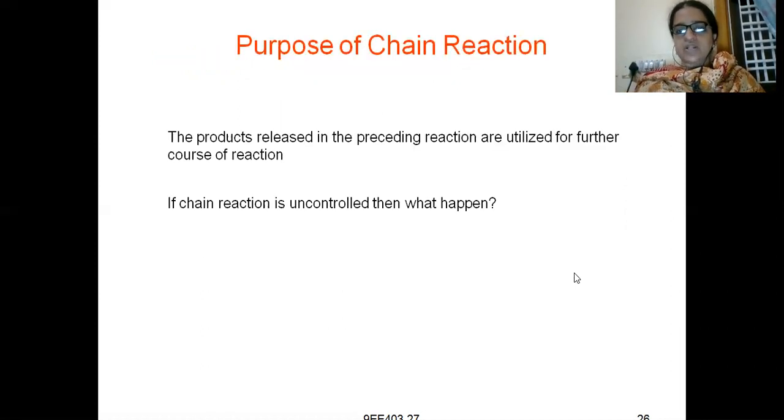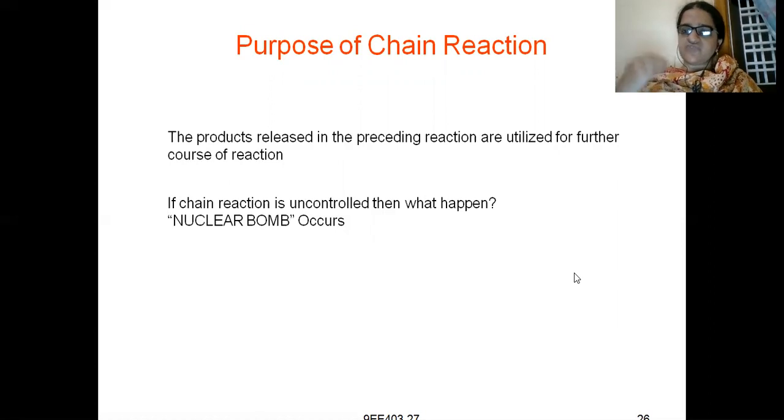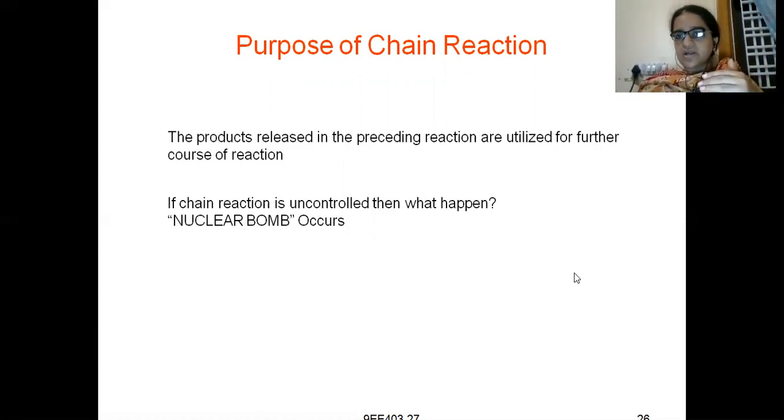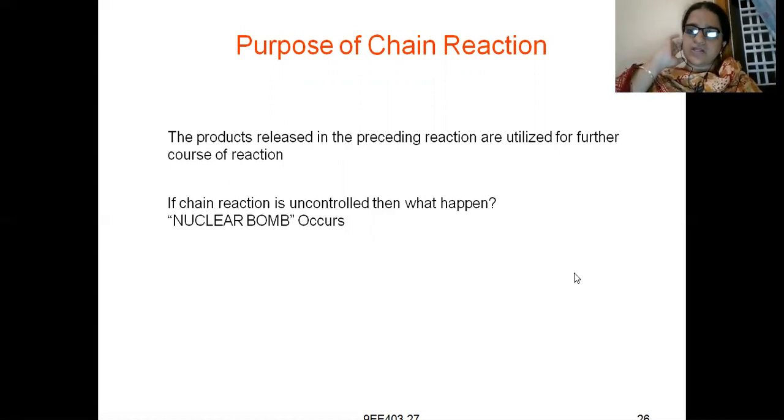Coming to the purpose of chain reaction: the products released in the preceding reaction are utilized for the further course of reaction. Whatever reaction is taking place, the products released in it are utilized in the next reaction. If a chain reaction is uncontrolled, what happens?